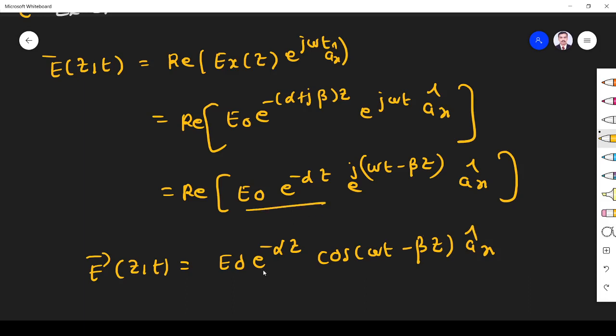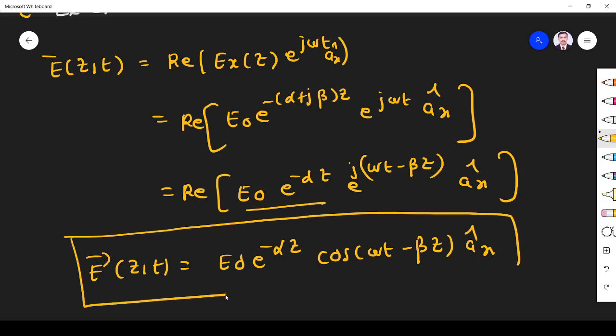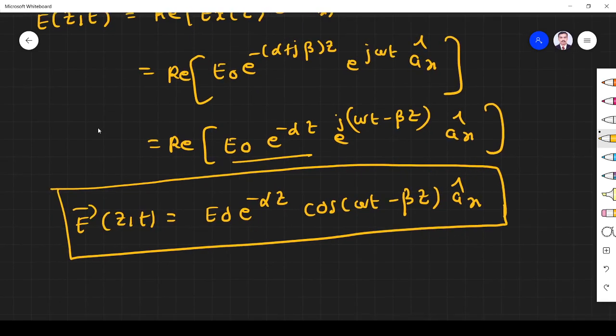So this is the electric field equation of wave propagation in a lossy dielectric. This is a very important equation. So E we got like this.